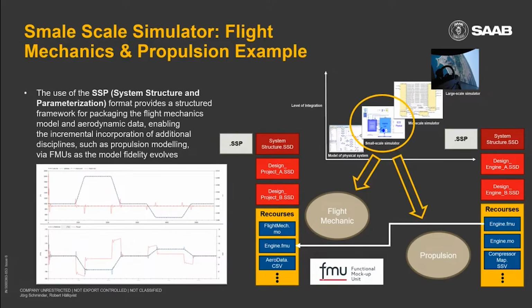And as you can see, we have the same approach on the engine side. You can have different engine designs, engine design A and B, and all these models are using the same structure as we are doing with the flight mechanic model. You can then use, for example, the engine file exported as an FMU in our flight mechanic model instead of the current model which we have implemented at the moment.